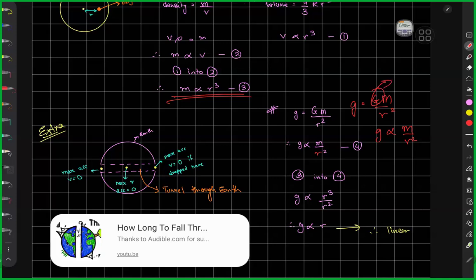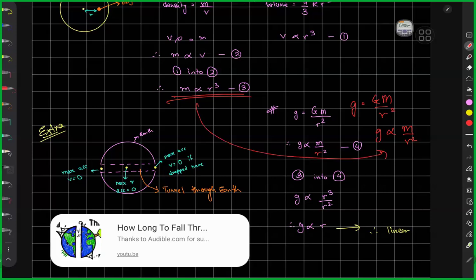G I'm omitting as I introduce the proportionality sign. And what I find is the gravitational field strength is proportional to mass and inversely proportional to the square of separation.